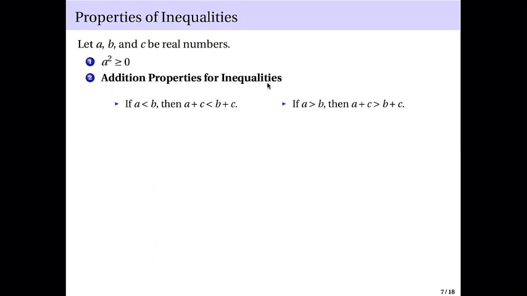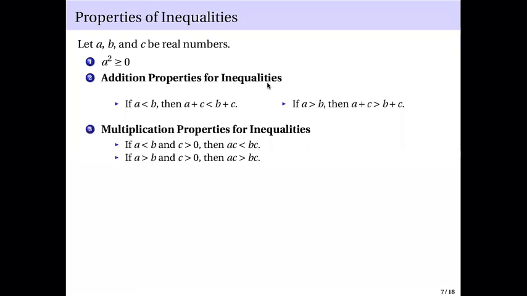Okay, for the multiplication, however, we need to be more careful. Okay, so look at this. If A is less than B and C is positive, take note of that. Okay, then if we multiply C to both A and B, the inequality will retain.